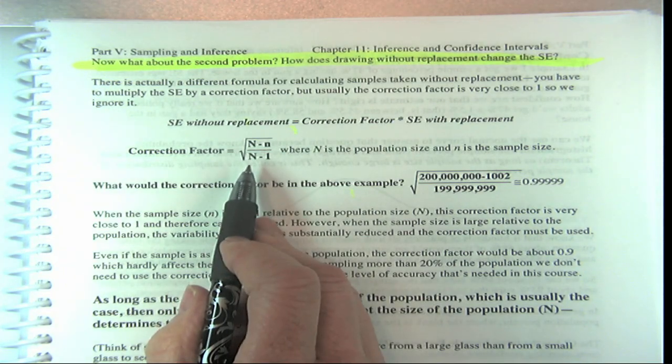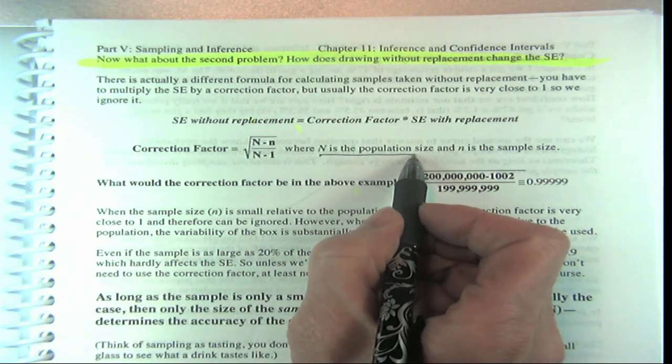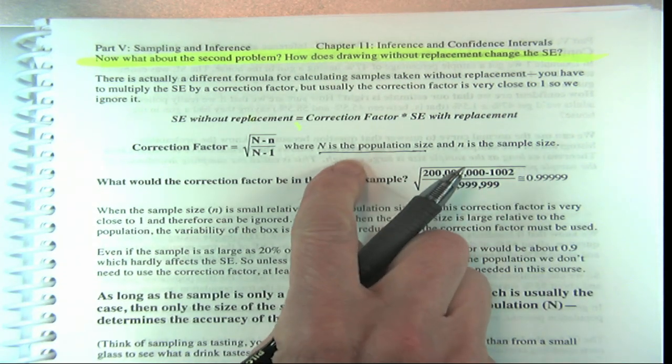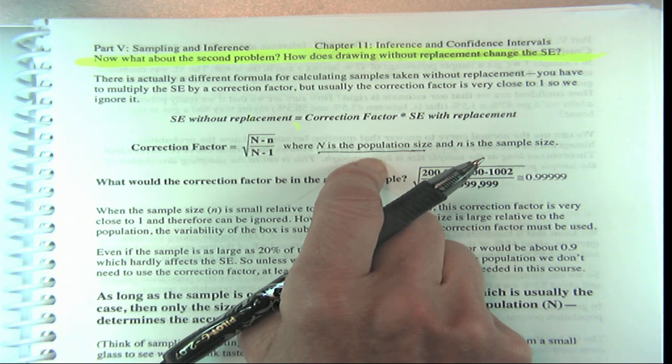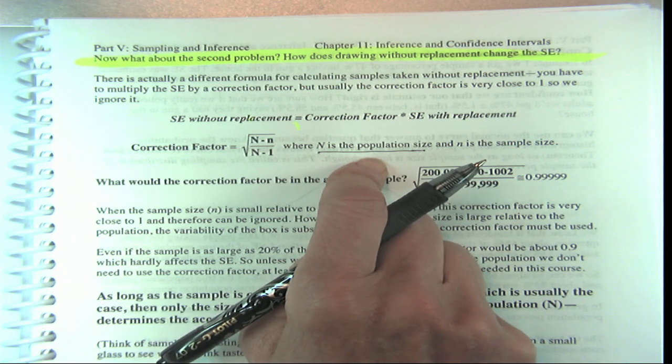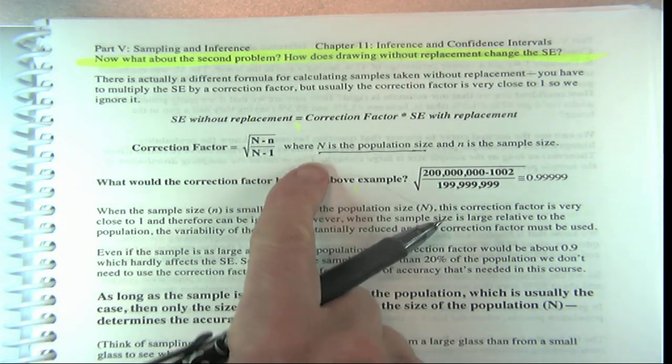You're supposed to multiply by this correction factor, where n is the population size. Notice in our standard error formula that never comes up because we're sampling with replacement. It doesn't matter if you have 50% ones and 50% zeros by 500 ones and 500 zeros, or 1 one and 1 zero, because you're sampling with replacement. But without replacement, you really have to adjust that formula.